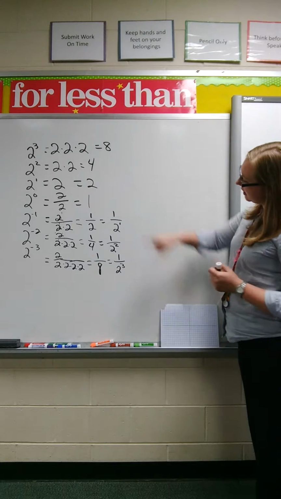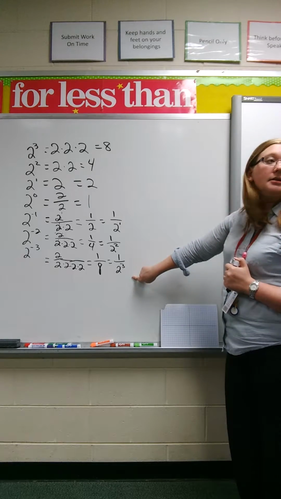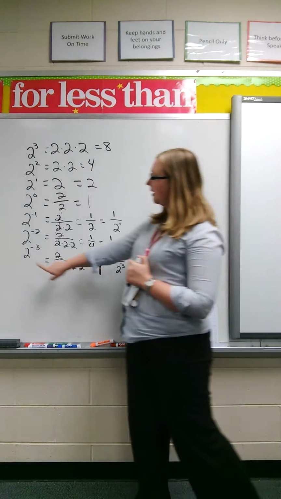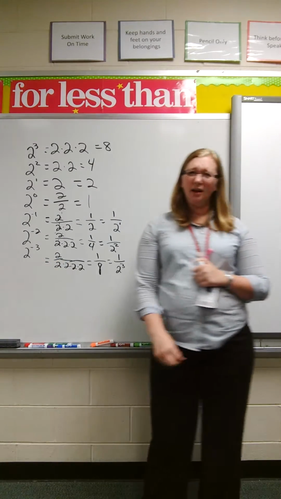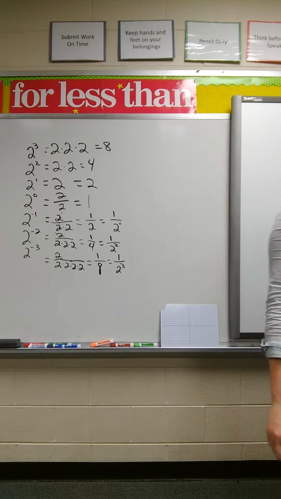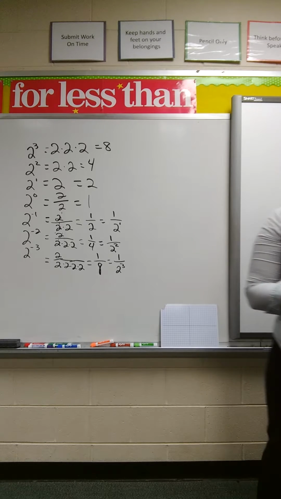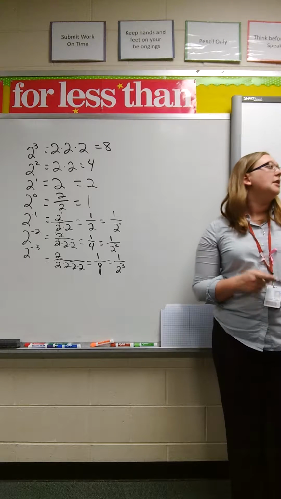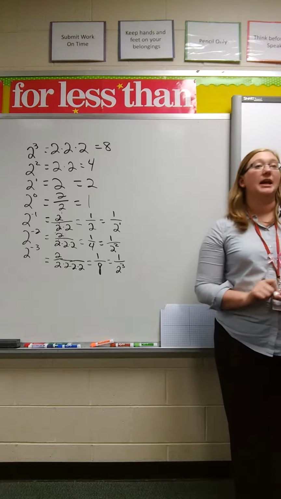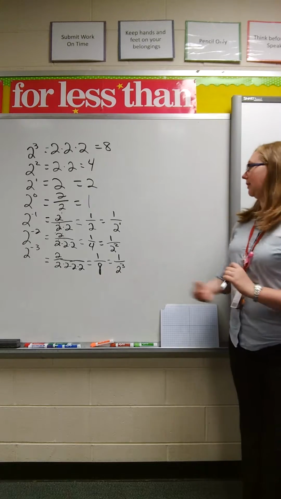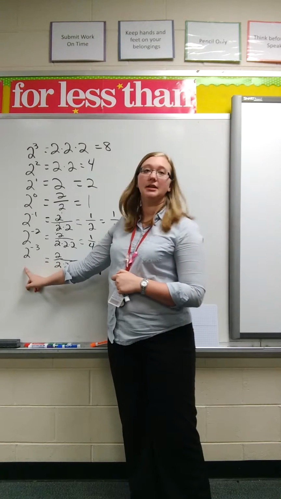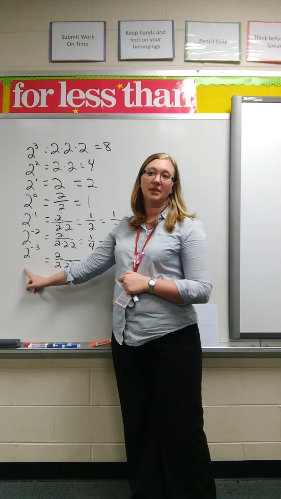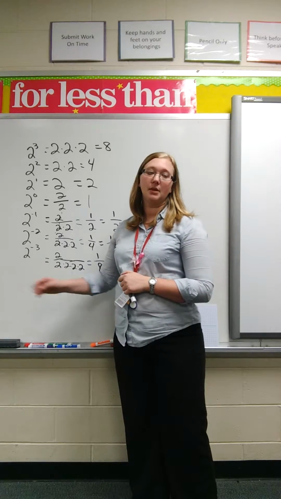Can we take a fraction like this and turn it into a number with a negative exponent? Yes. Absolutely. Sometimes it's going to be easier as we work through the chapter to work with negative exponents. So if we're given a problem like this, it will be easier to convert it to this. Okay? Today we're just switching between the two.